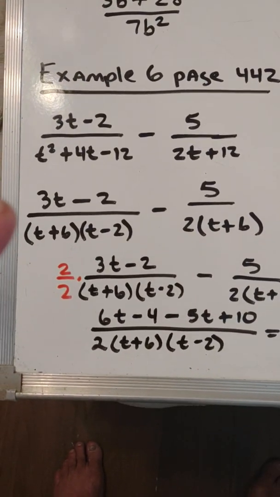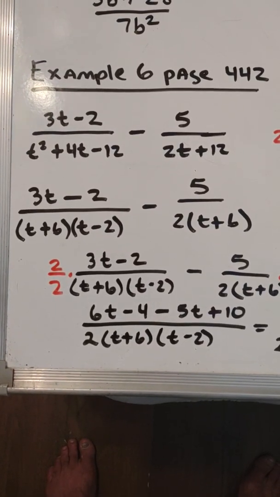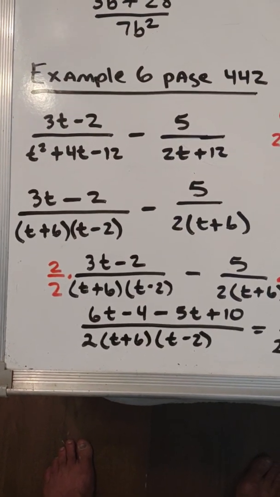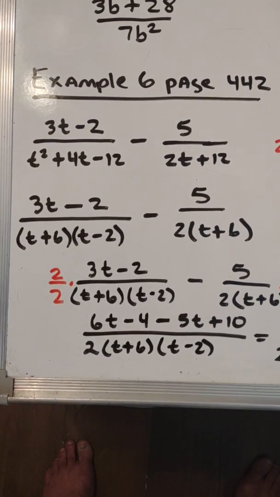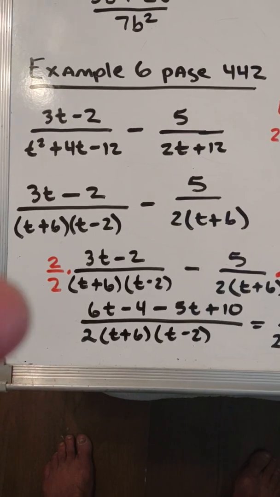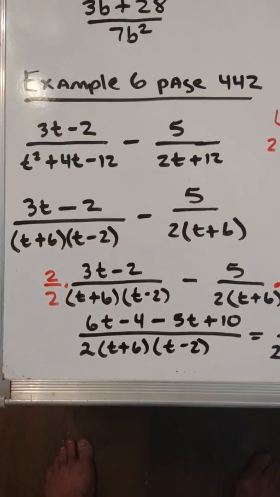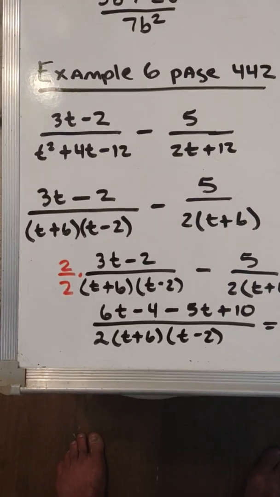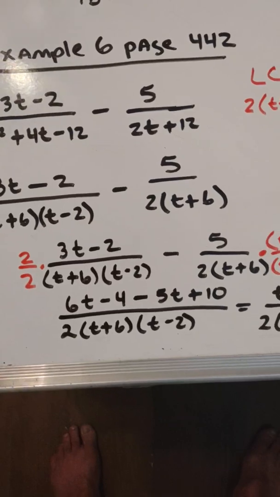Problem says 3t minus 2 over t squared plus 4t minus 12, minus 5 over 2t plus 12. Well, in order to get the least common denominator of a rational expression, you have to be able to factor. It's a very important process. So the t squared plus 4t minus 12 is a trinomial.